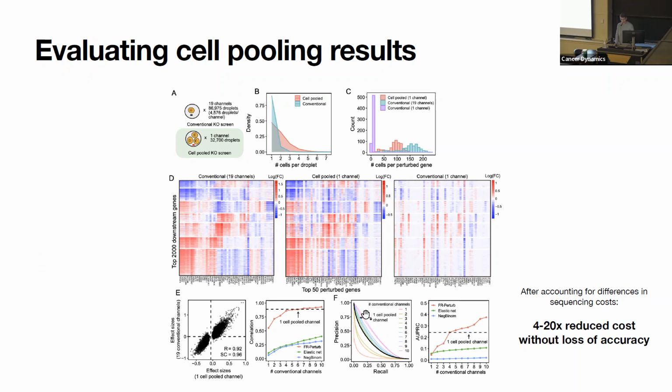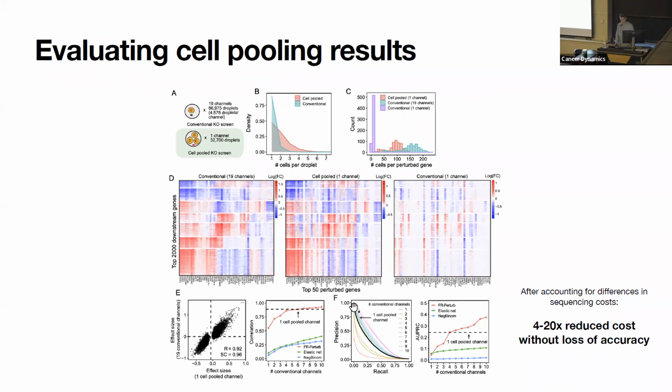If you instead ask a recovery question, take the significant effects as determined in the compressed experiment or in the downsampled conventional experiment, and ask how well they correlate with those same effects learned in validation data.